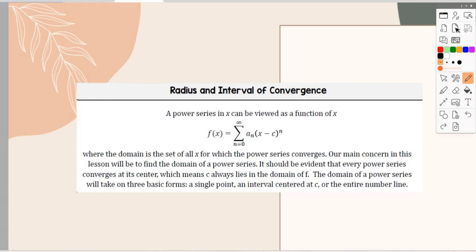And the 3 different ways, I'm going to have this up here in a second so you don't have to write this part down, is, sometimes it will just be at a single point. Where is it always going to be convergent? What value could I pick for x that if I plug it in, it's always going to be convergent?